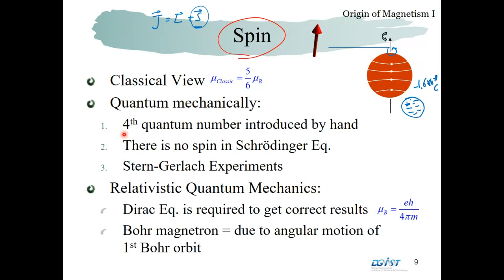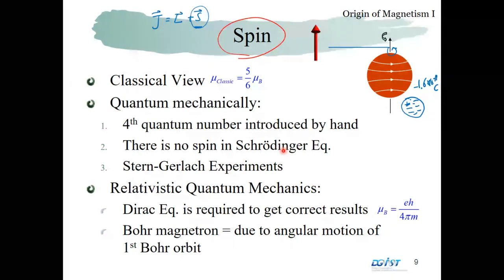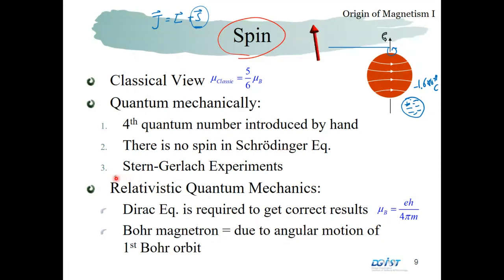It's not very natural. They just assume, oh, we need such a quantum number. So when you solve the Schrödinger equation, spin doesn't appear naturally. But experimentally, we have the Stern-Gerlach experiment. I'm going to explain it later. Experimentally, we need such a physical quantity.